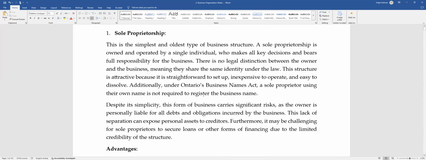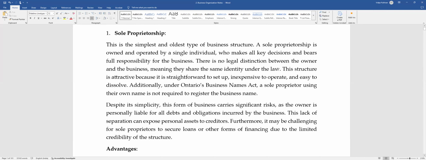What is a sole proprietorship? This is the simplest and oldest type of business structure. I am alone, I want to do business, mine is a sole proprietorship. A sole proprietorship is owned and operated by a single individual who makes all the key decisions and bears full responsibility for that business. There is no legal distinction between that owner and the business, meaning they share the same identity under the law.